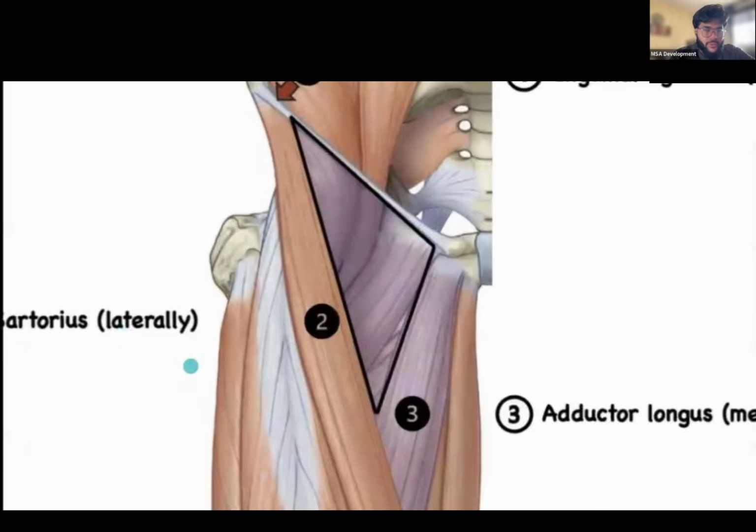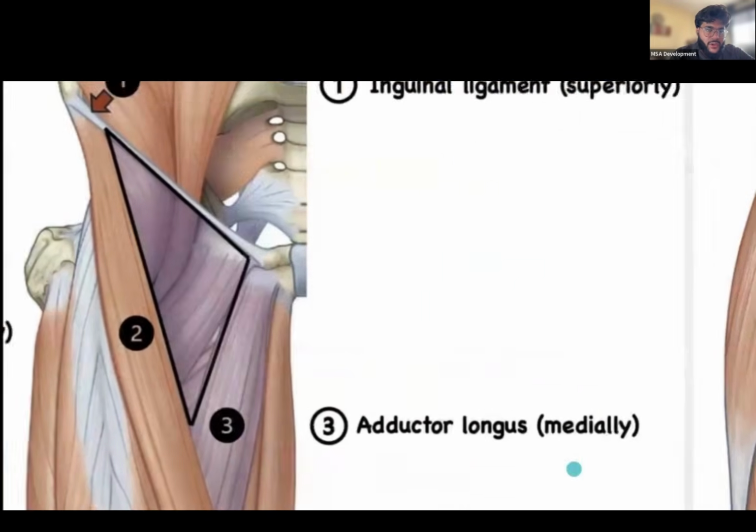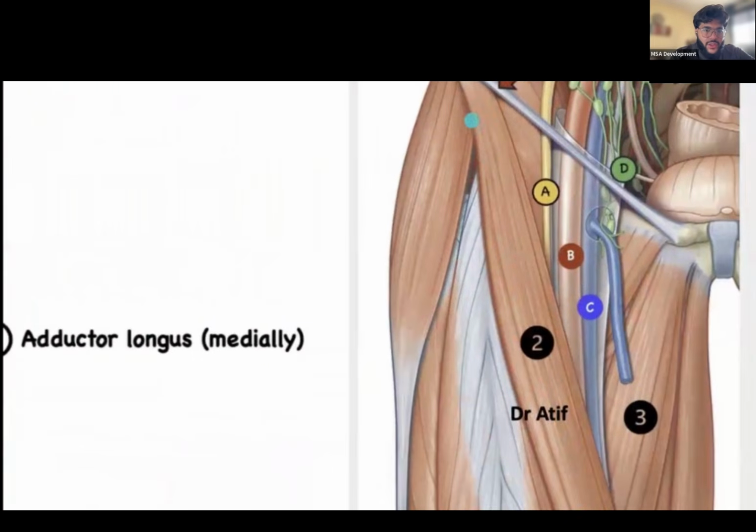Again, another image from Dr. Atif's slides. You have your inguinal ligament right here. You have your sartorius. You have your adductor longus right here. Inside are the contents; again, use NAVEL as your mnemonic: femoral nerve, artery, vein, empty space, and then the deep inguinal lymph nodes.